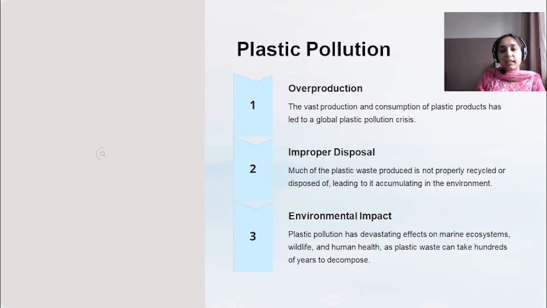Once it is recycled or reused, there are much better chances of controlling plastic pollution. So any plastic product we use should be recycled, or properly disposed of, before throwing or dumping it directly onto the land or soil.